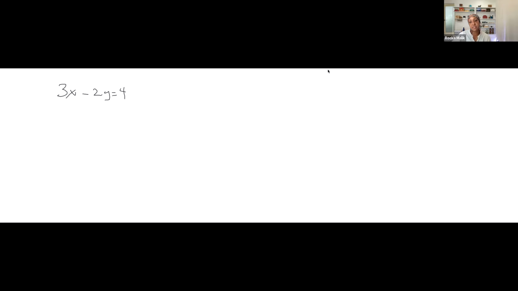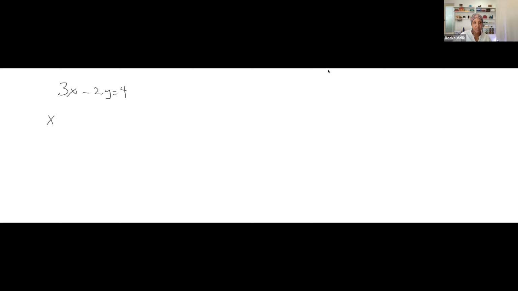What format is this in? Either standard form or slope-intercept. I'll guess standard form. Good job, Marty.